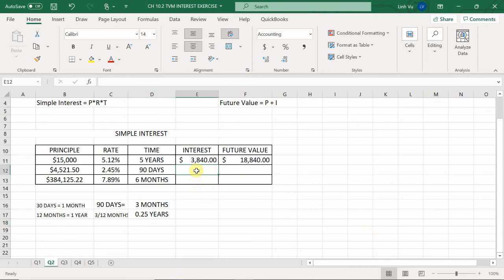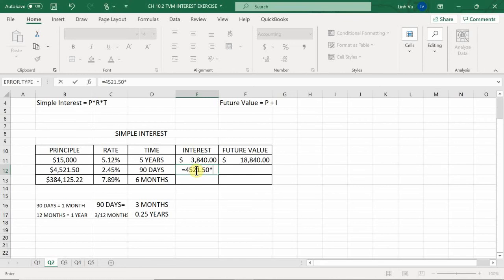So in that case, this is how I need to calculate this one. My interest is going to be my principal of $4,521.50 times my annual percentage of 0.0245 times, because I'm using 90 days, which is only a quarter of the year, I need to put it in terms of years. So I'm going to multiply it by only a quarter of the year. How much interest would I collect if I only had this for 3 months?